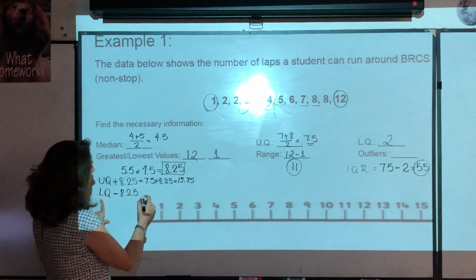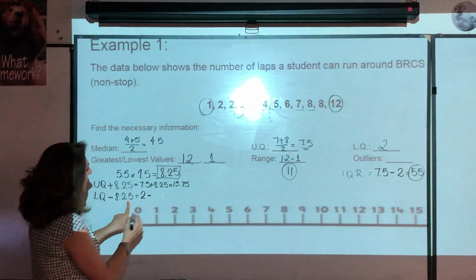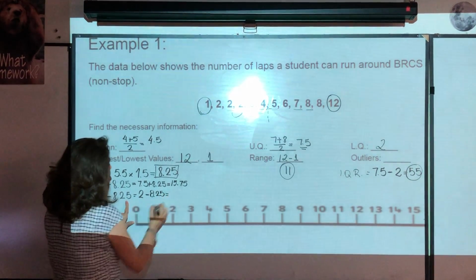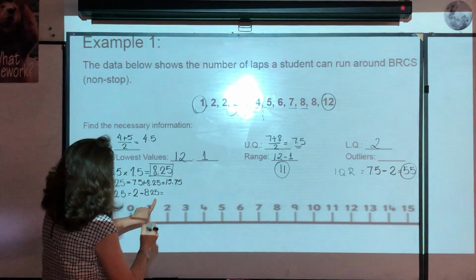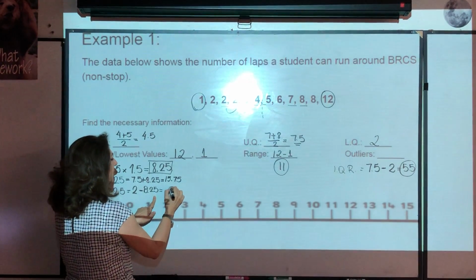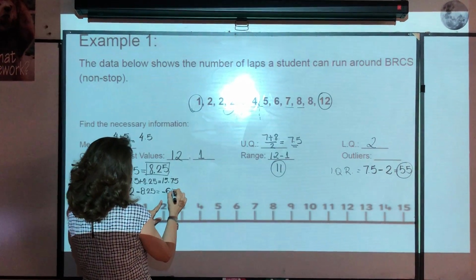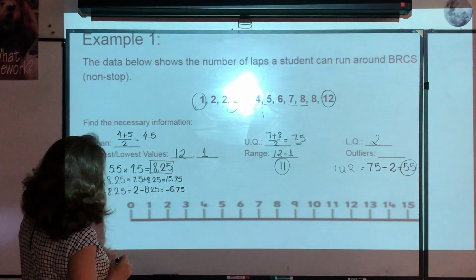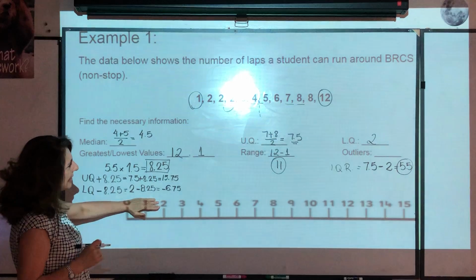And then what is my lower quartile? It is 2 take away 8.25. So when I do 2 minus 8.25, I get a negative number, negative 6.75. Okay? So what do I do here?